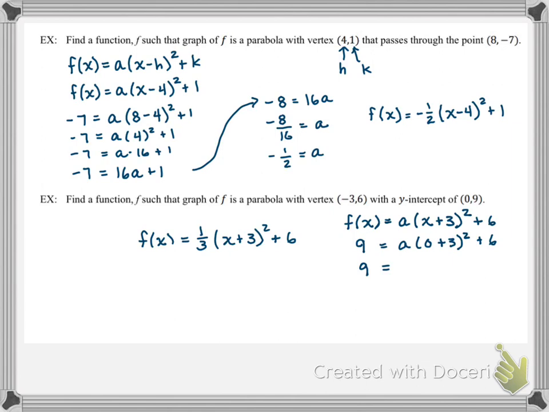So 0 plus 3 is 3. Squaring that gives us 9. So we have a times 9 plus 6, which is 9a plus 6. So subtracting 6 gives us 3 equals 9a. So a equals 3/9, which equals 1/3.